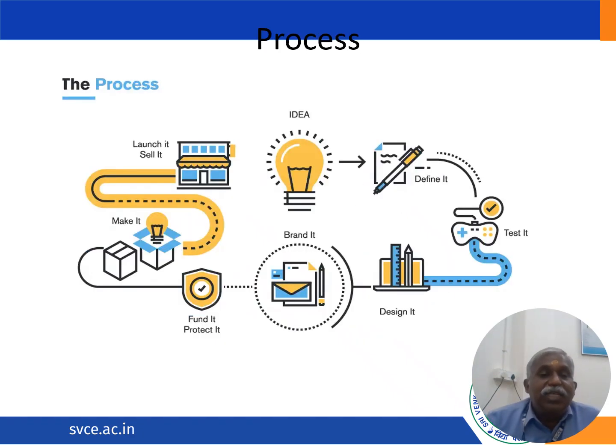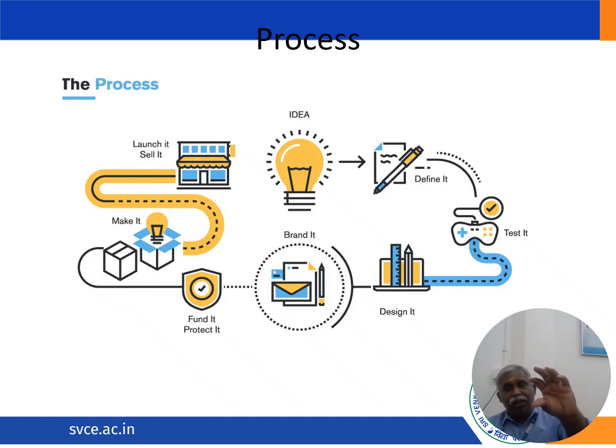Now the process: we have an idea. In the PowerPoint presentation, we express the idea in terms of a bulb. A blinking bulb, ideas from a blinking bulb. This idea we write in a definition manner, an easily understandable definition.